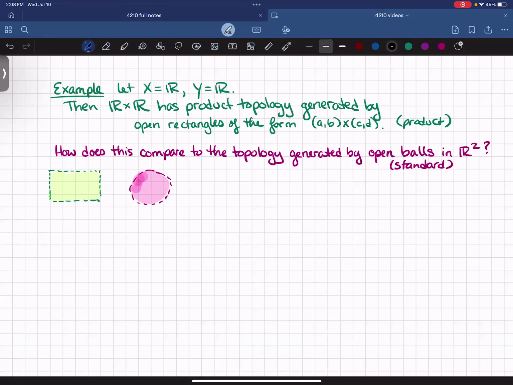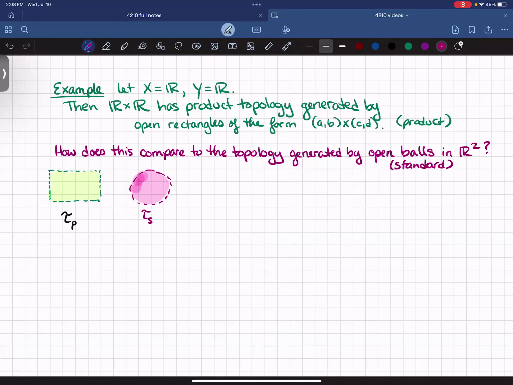For ease of writing, let's call the topology generated by the open rectangles T sub P for product, just temporarily, just for this video. And then we'll call the topology generated by the open balls T sub S for standard topology. So we have the product topology and the standard topology.